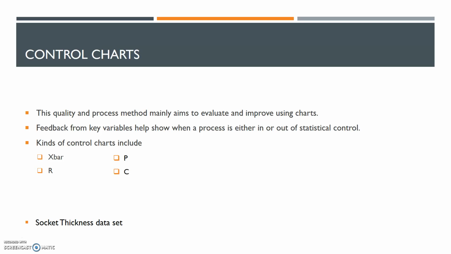Another one that is usually common is the S chart, which deals with standard deviations. We're going to be using the socket thickness dataset in JMP and then we're actually going to build some of these charts and see how they're done and what the results will look like.